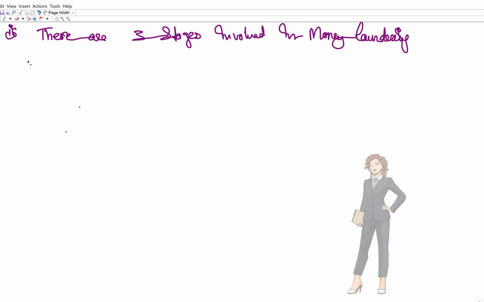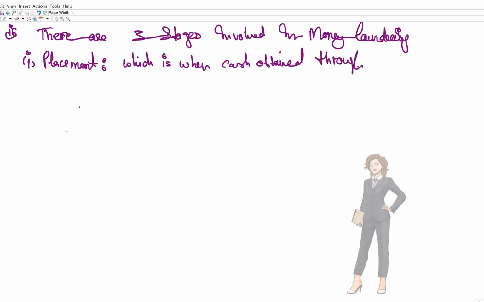The first is placement, which is when cash obtained through criminal activity is first placed into the financial system.